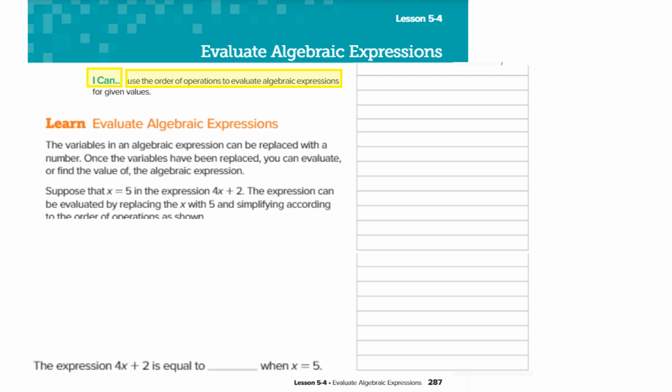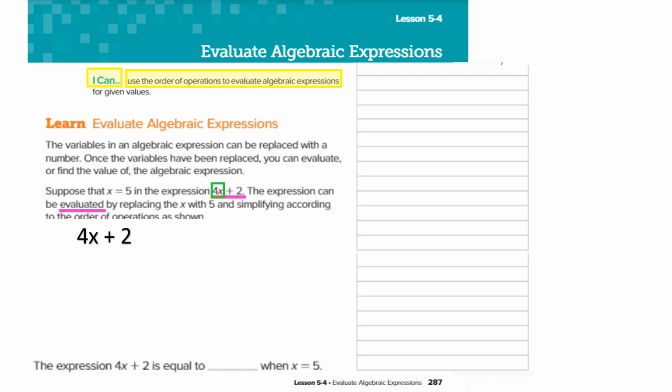Now, when I'm doing these, we're going to start out with examples where we're told what the variable is equal to. So once again, previous lesson, variables are letters inside of a math problem. We see that we have 4x plus 2, and we need to evaluate, we need to solve.